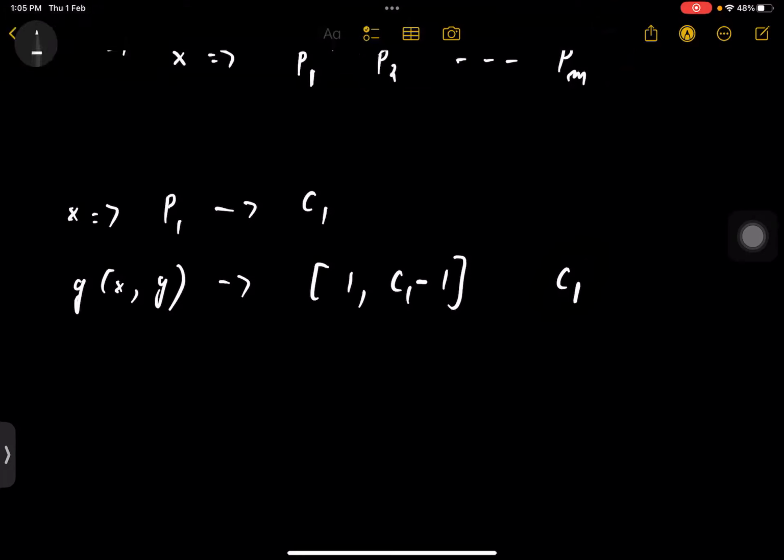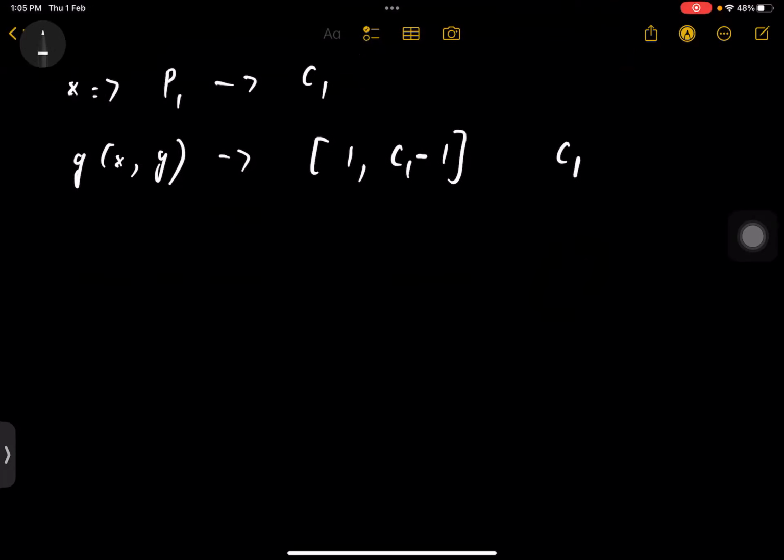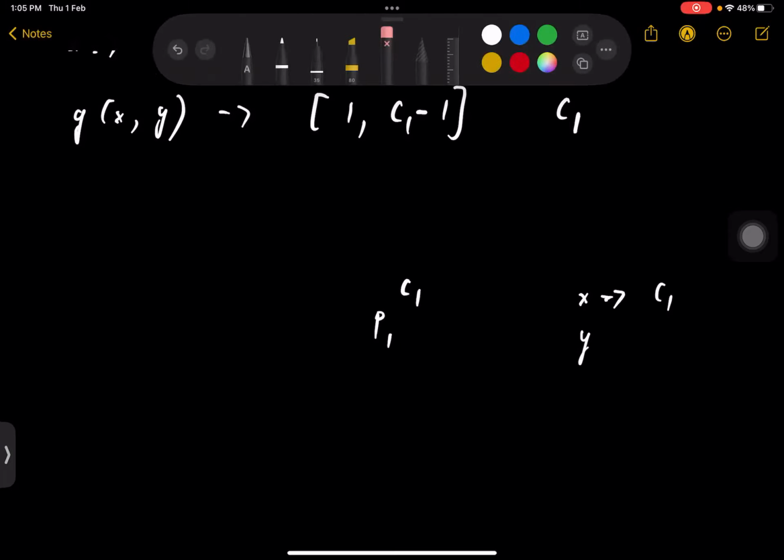Okay. So for C1, in my GCD, the claim is P1 power is C1. That means, can I say, in X we know for sure the power of P1 is C1 always. And in Y, for sure the power should be greater than or equal to C1, for this to hold.